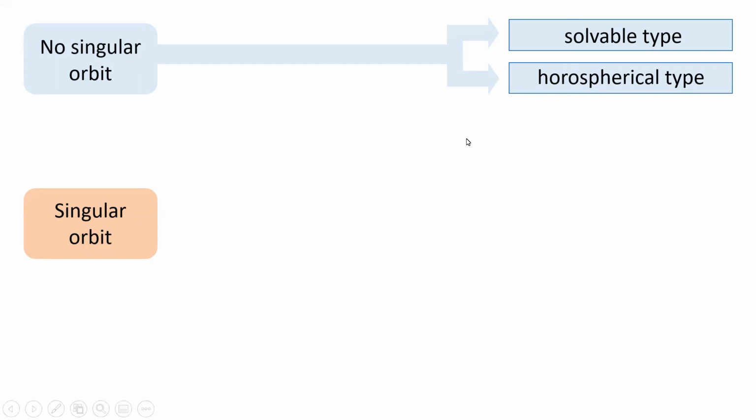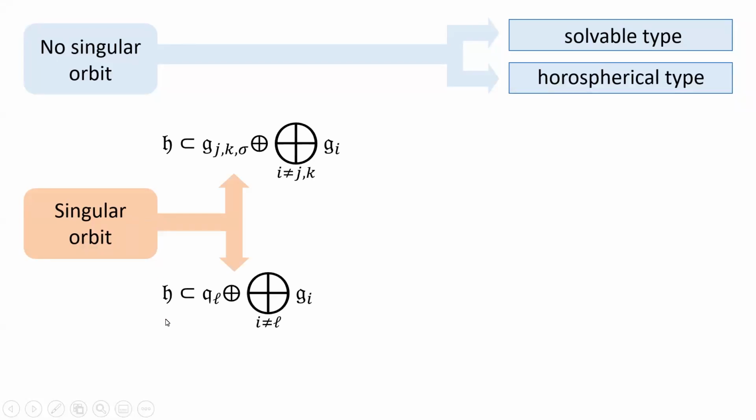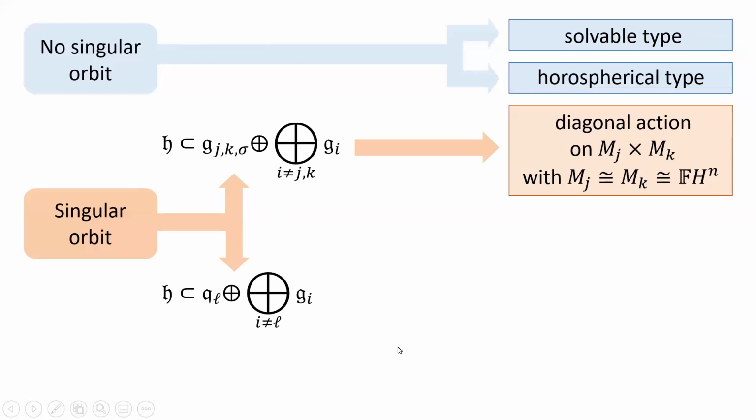We have two types, solvable type or spherical type. In the difficult case, when you have a singular orbit, the Lie algebra can be contained in this type of maximal proper subalgebras or this one. In the first situation, what you get is a diagonal action on a product of two rank 1 homothetic symmetric spaces. So the cohomogeneity 1 action is determined by such a diagonal action. This is well understood.